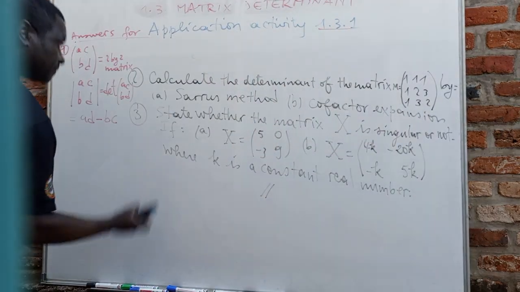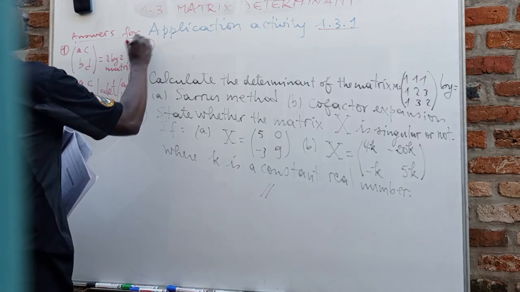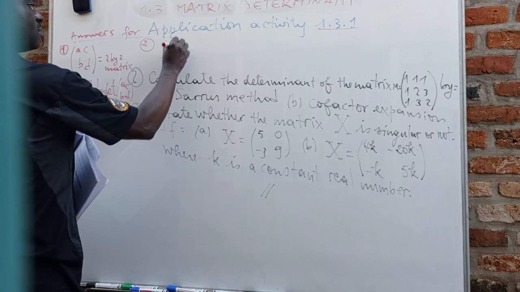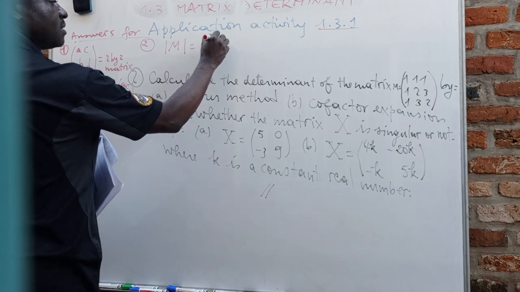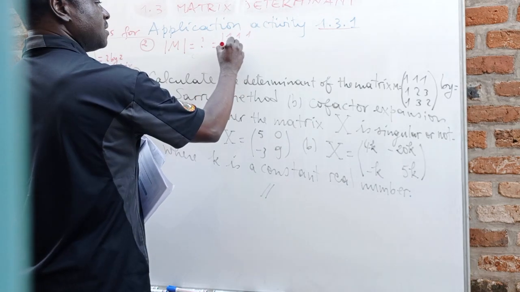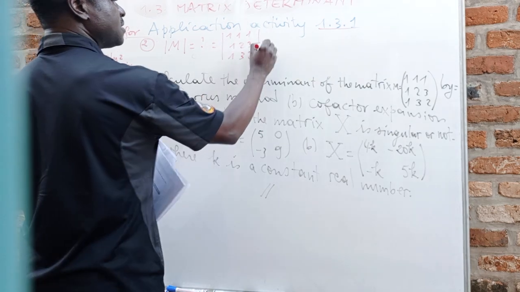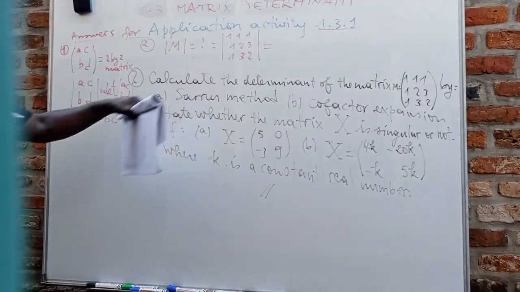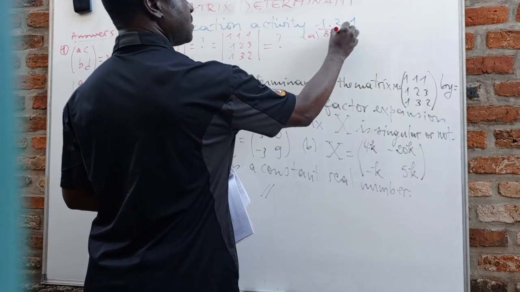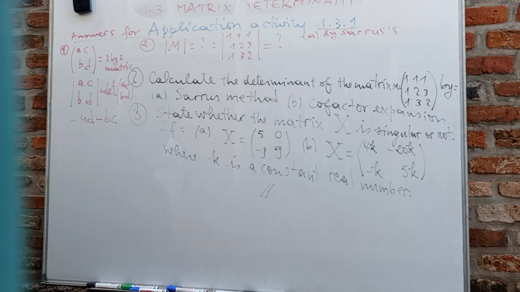We are looking now at question number 2 here. We want to calculate the determinant of matrix M. So this is exactly the determinant of 1, 1, 1, 1, 2, 3, 1, 3, 2. We can use Sarrus method.